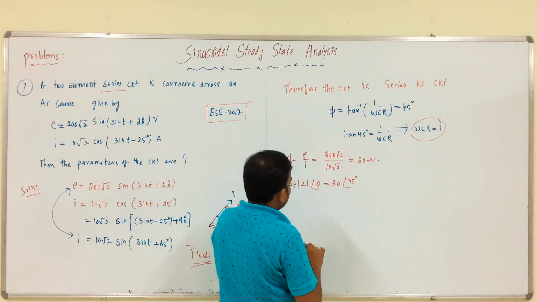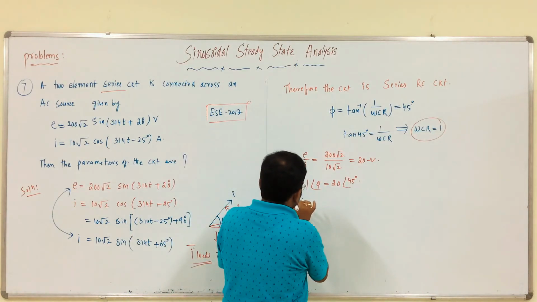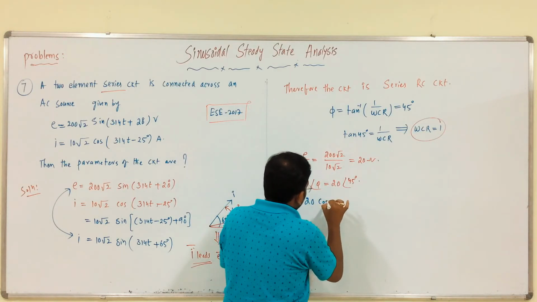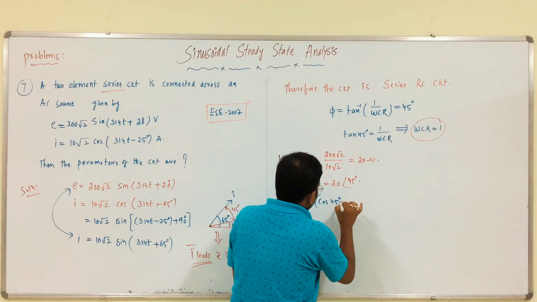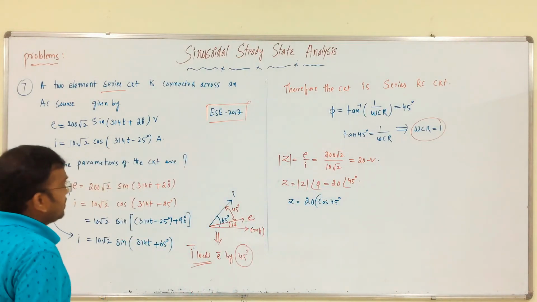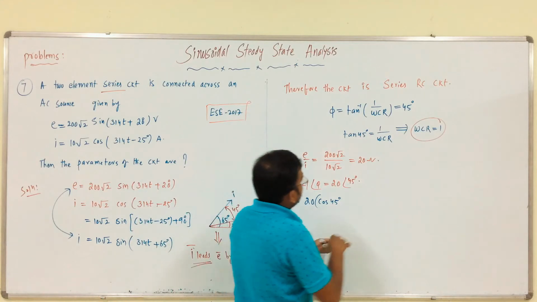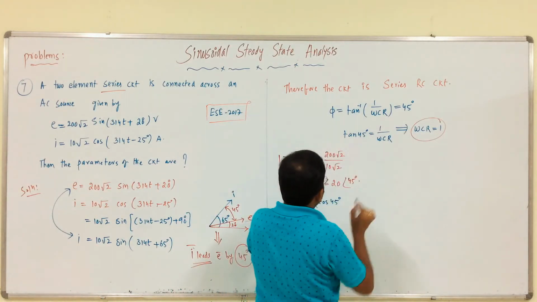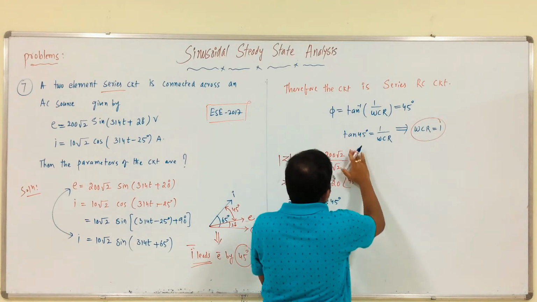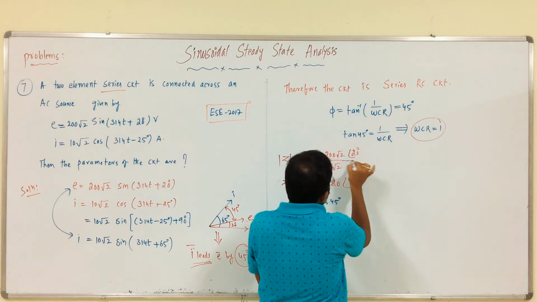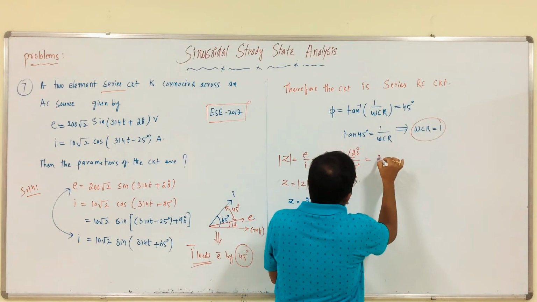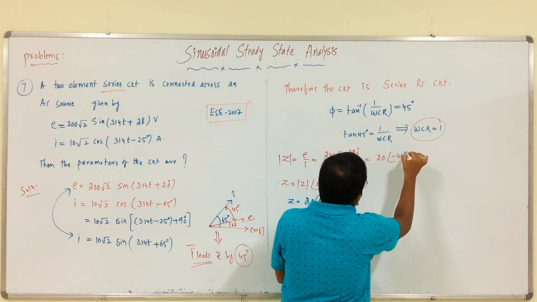Then the value of R should be found as follows. Here we have leading, right? The current leads. The voltage is at 20 and the current is at 65, which gives Z equal to 20 at an angle minus 45.